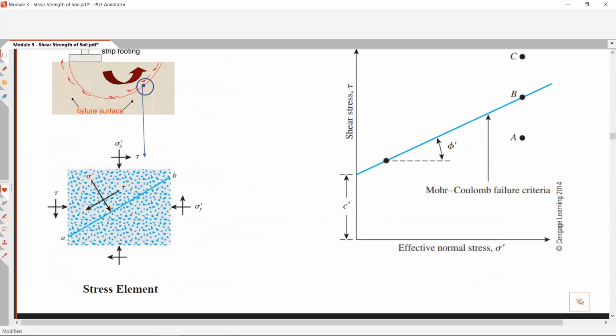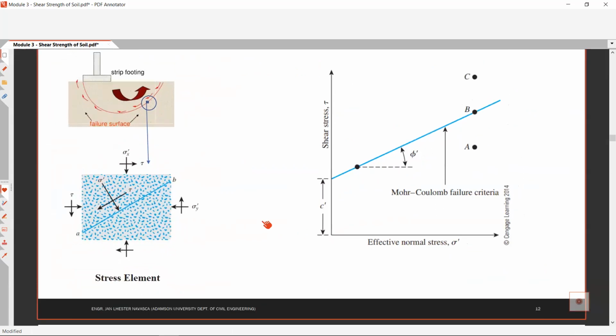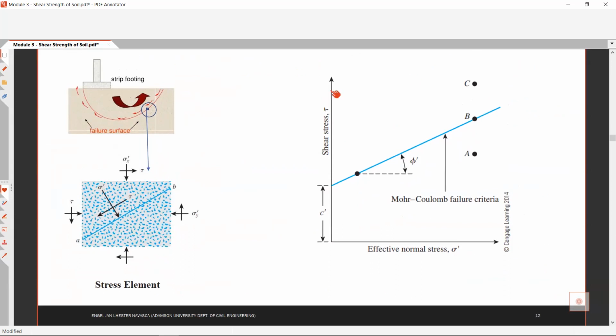So a stress element can be converted to this graph, which we call the Mohr circle. There is a load on the failure plane, normal to the failure plane, that is sigma prime, and parallel to the failure plane, that is the tau or the shear.